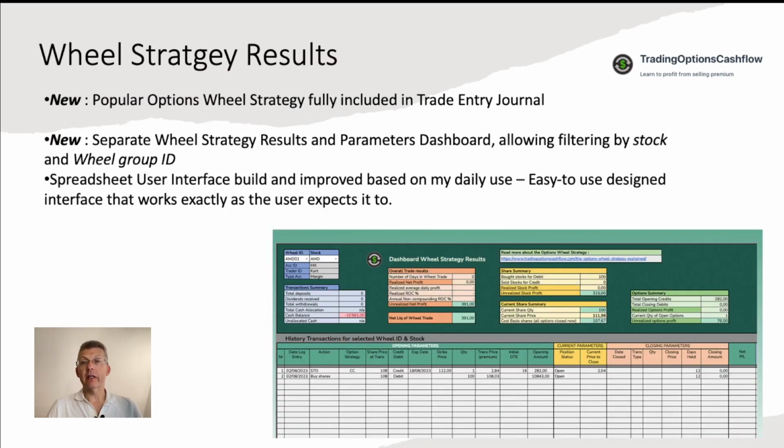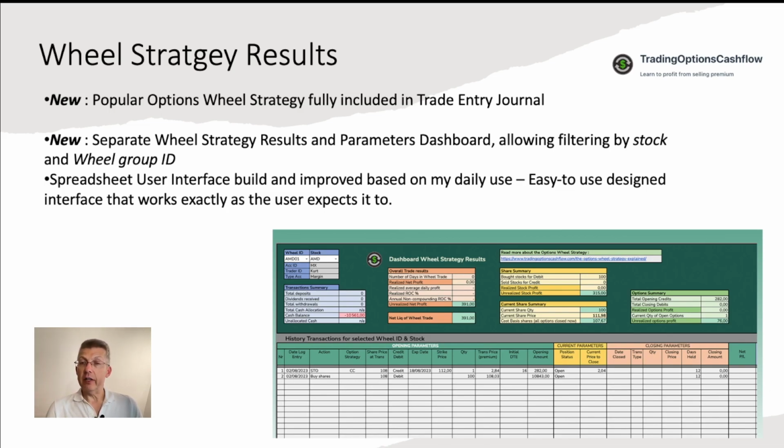The last information that I want to give is about the Wheel Strategy results tab. I know there's a typo on the slide, but that's okay. What is new about the spreadsheet is that it's completely integrated during the trade entry, and I will demonstrate that in a demo video later on.